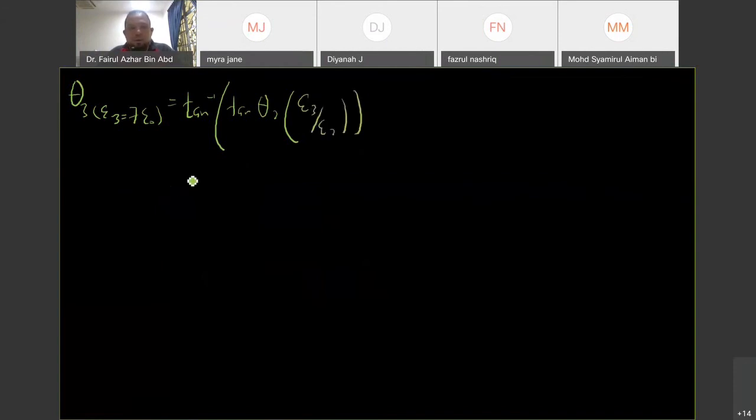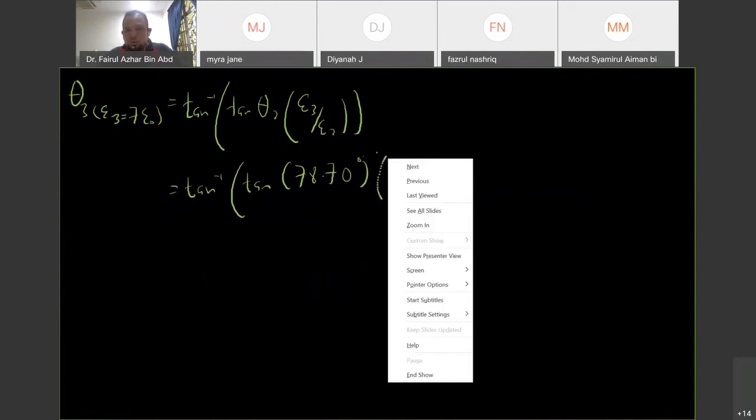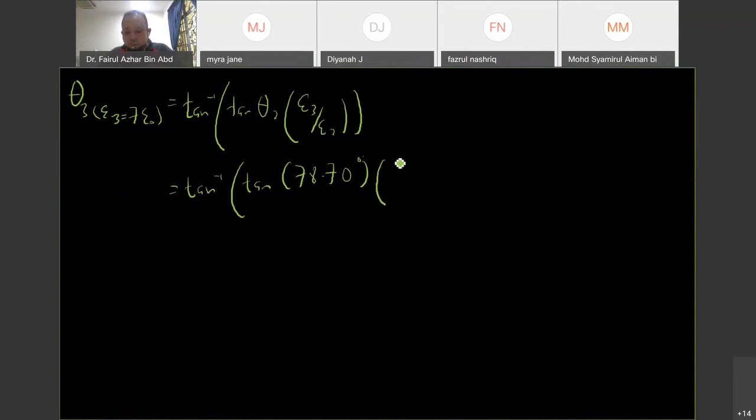The angle for theta 2 is 78.70, and epsilon 3 is 7 epsilon naught divided by 5 epsilon naught. If you solve this, we get 81.80 degrees.